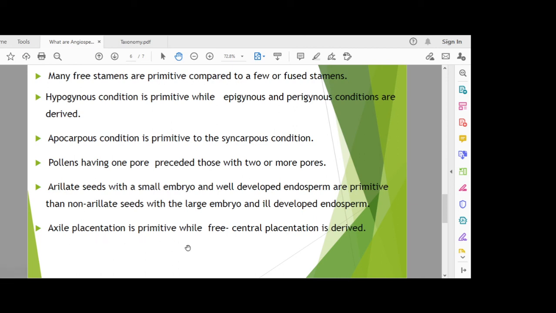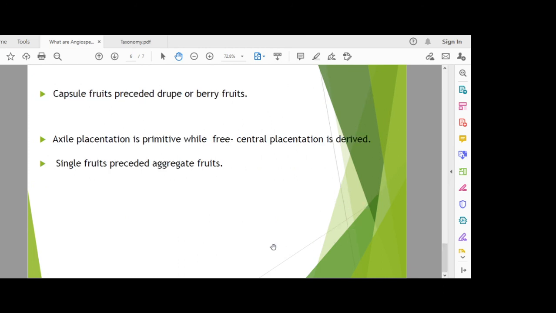Axile placentation is primitive, while free central placentation is derived. Capsule fruits preceded drupe or berry fruits. Single fruits preceded aggregate fruits.